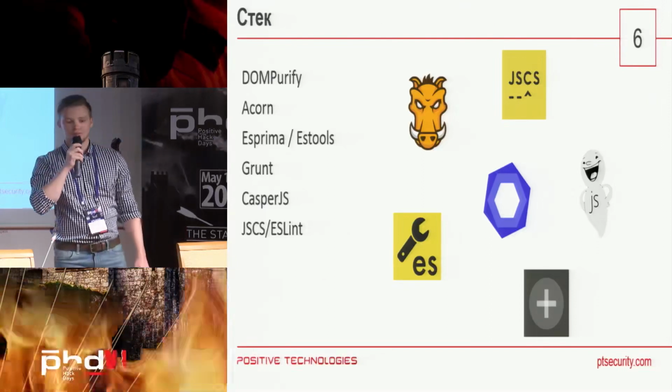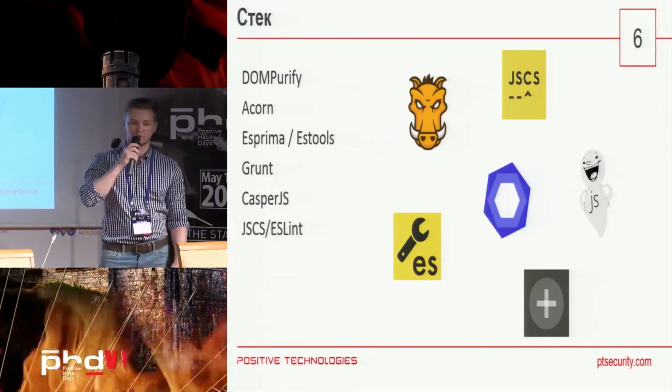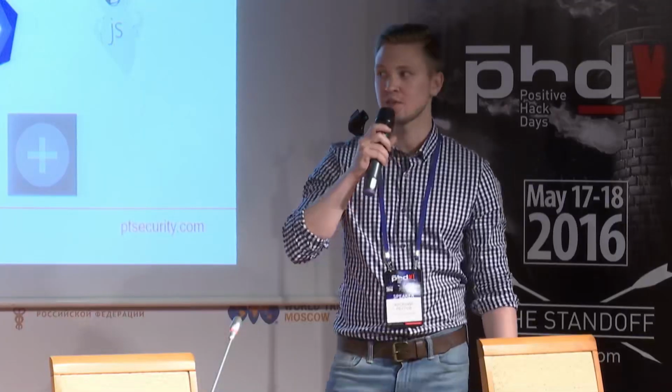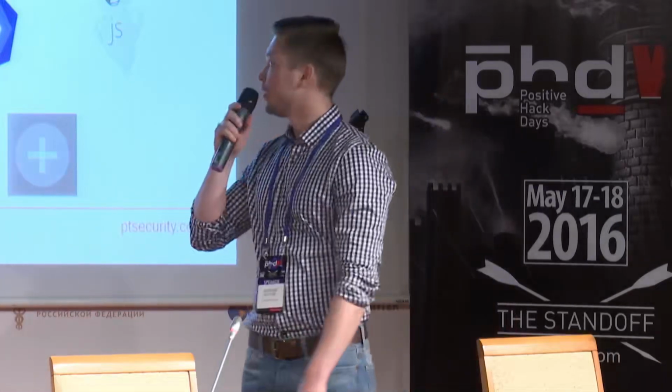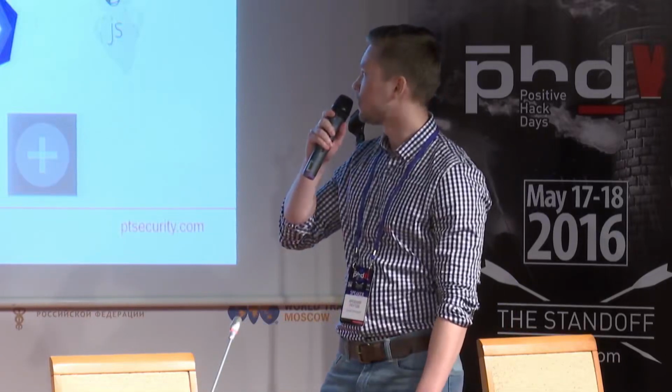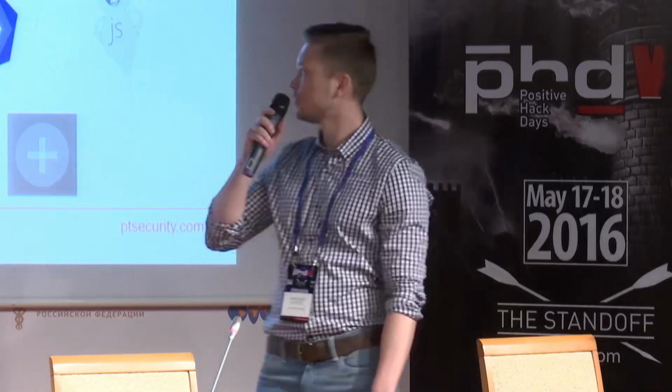Our task is as follows: not knowing anything about the application and its context, we need to guess and identify what we need to find on the client side rather than the server side. We will describe the advantages and disadvantages of DOMPurify, what it can do and what it cannot.